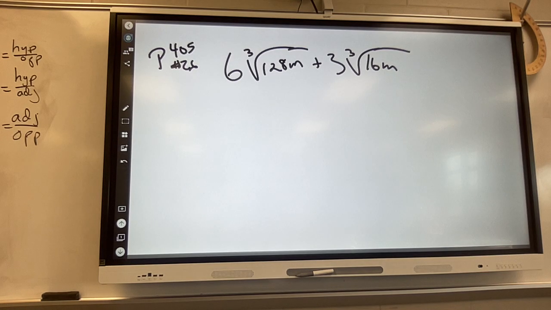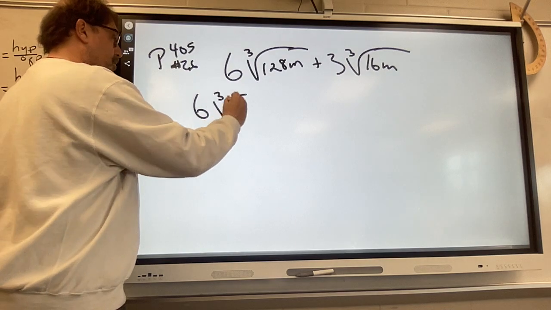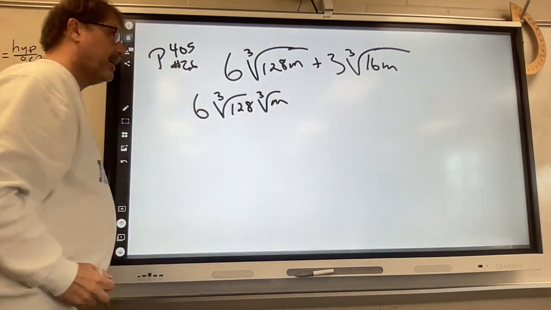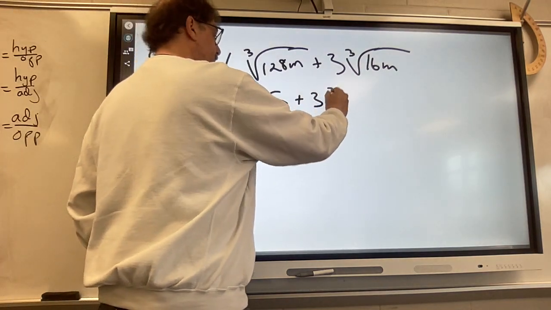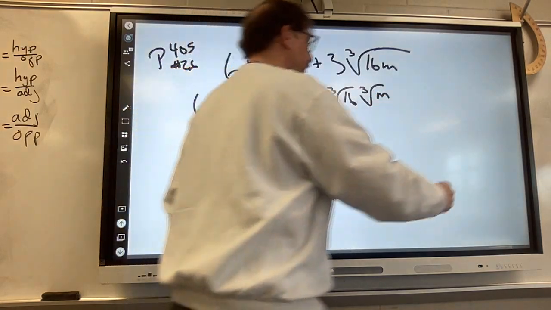Once again, I'm going to go with Dr. Berger's comment, divide and conquer. So I'm going to take this cube root of 128 and cube root of m, and the cube root of 16 and the cube root of m.